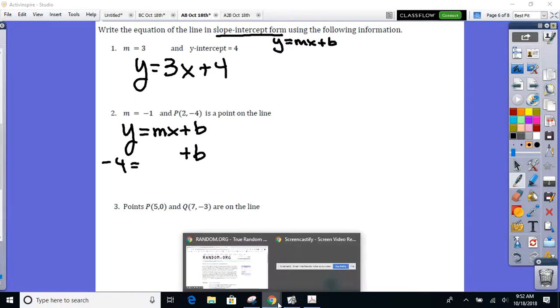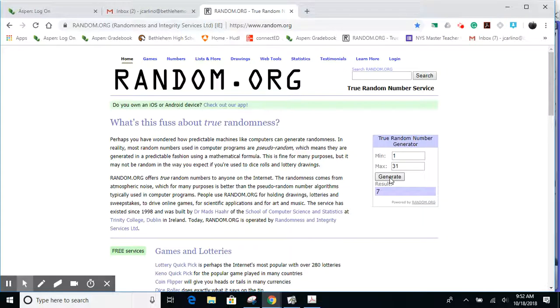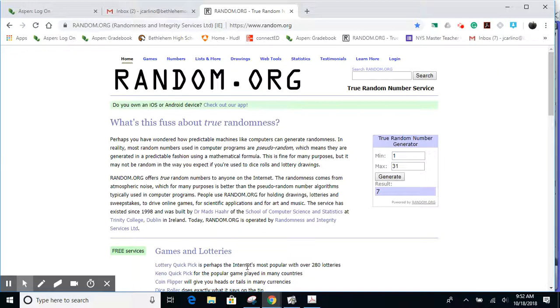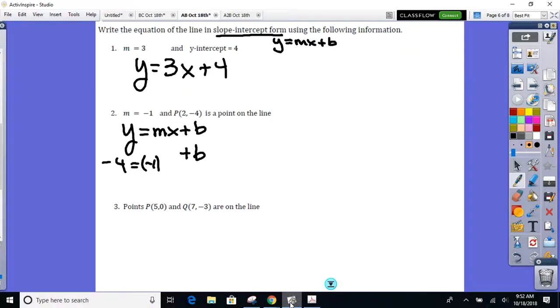Do we know the slope of this line? -1 times. Do we know an x coordinate this line goes through? Can you guys handle that and solve B now?